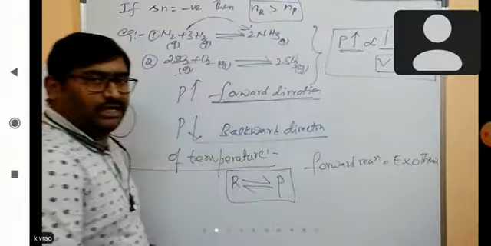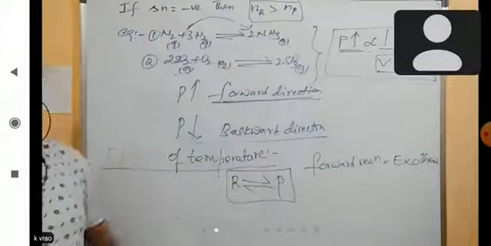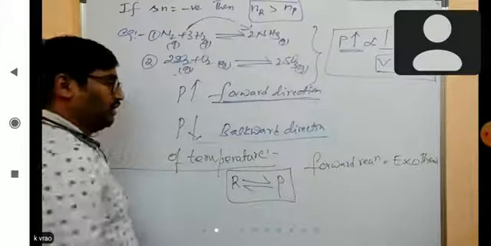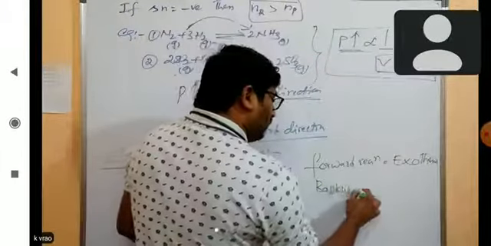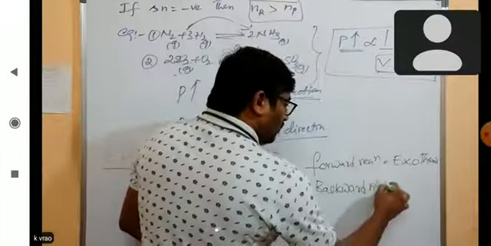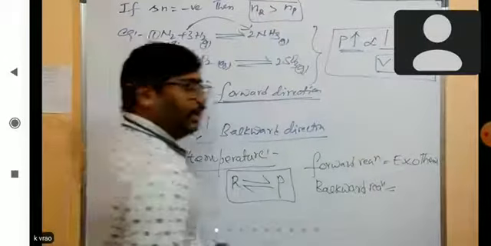Exothermic means heat energy is released. Heat is released in the reaction. That is called exothermic. Then automatically the backward reaction is an endothermic reaction.